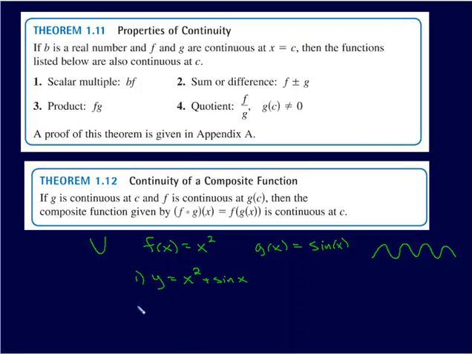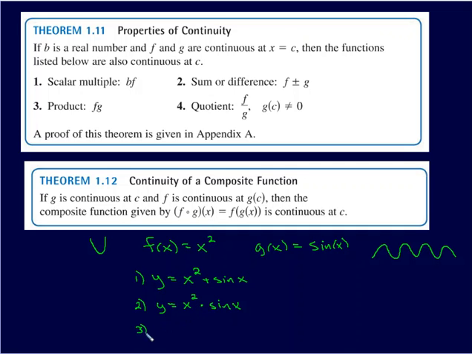With the other one, maybe I can make another one. This time I'm going to multiply them together, like x squared times sine x. And item number 3 says, by multiplying two continuous functions, I again get a continuous function. So even though I might have no idea what the graph of these looks like when I combine them this way, I still know it's going to be continuous.